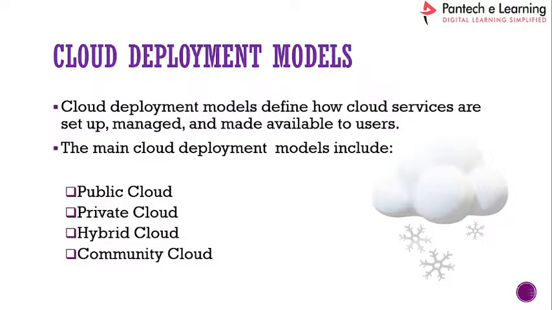Cloud services can be deployed in different ways depending upon the security, accessibility and control requirements. So we'll see each one of the deployment models, their usage and examples as well.